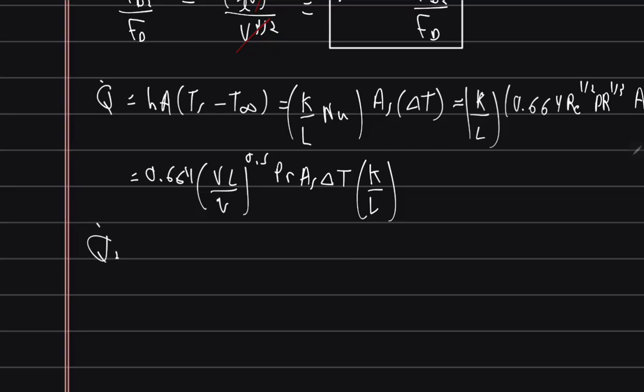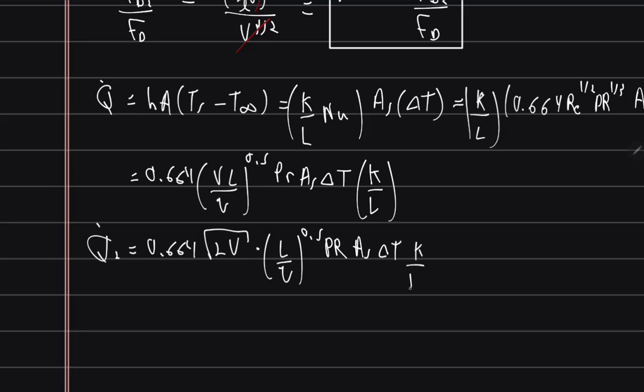Q dot 2 is 0.664 times square root of 2v times L to the 0.5 over nu to the 0.5, Prandtl number, surface area, delta T, k over L.